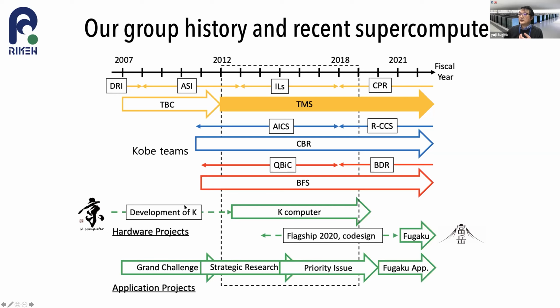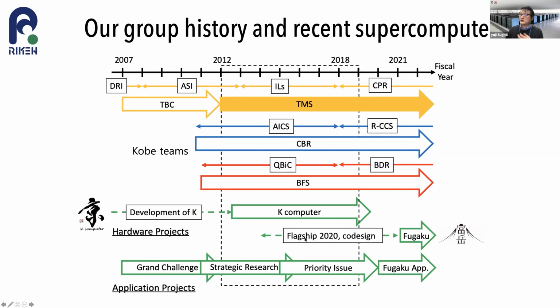And the K computer started its operation in 2012. In parallel, we had the application project, strategic research. And the K computer finished its operation in 2019, I think. But much earlier, from 2014, we had already started the hardware project for the Fugaku computer.